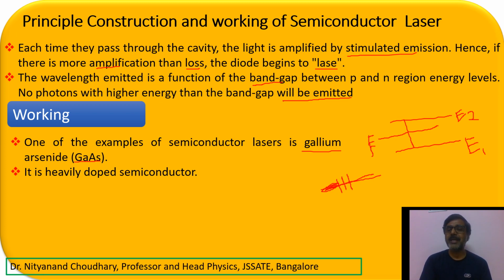Here, if I take a trivalent atom, it means one electron is extra, because one bond will be left. Let us suppose this is silicon, which has 4 electrons: 1, 2, 3, 4. And here I have taken a trivalent atom, let us suppose tellurium, with 3 electrons: 1, 2, and 3.